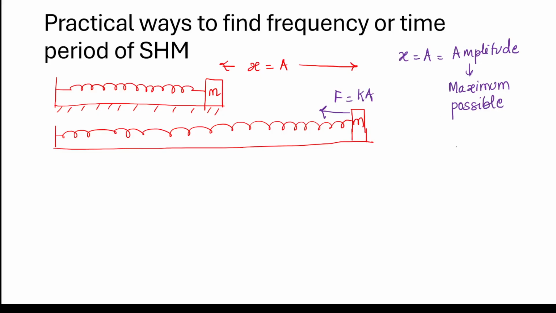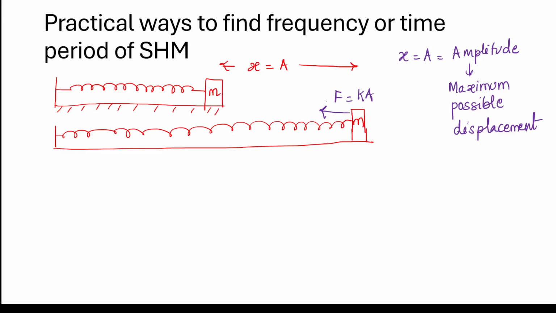For example, there could be a bucket of water in which there is a bottle. If you push that bottle downwards into the water, that bottle will start executing SHM up and down. But for this one, we'll just take that maximum possible displacement, not extension. Okay, so this is the maximum possible displacement.